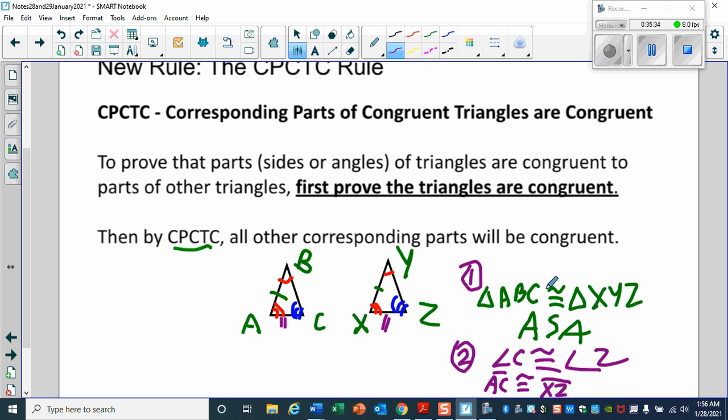And again, look at that order. C and Z, same spot. A to C, first to last. X to Z, first to last. That's how we can make these connections with our angles and line segments.